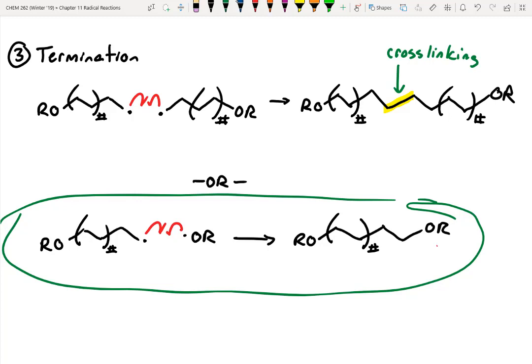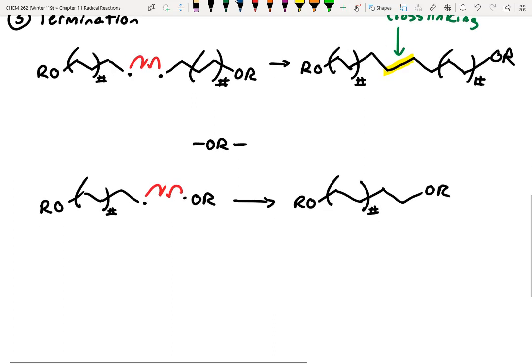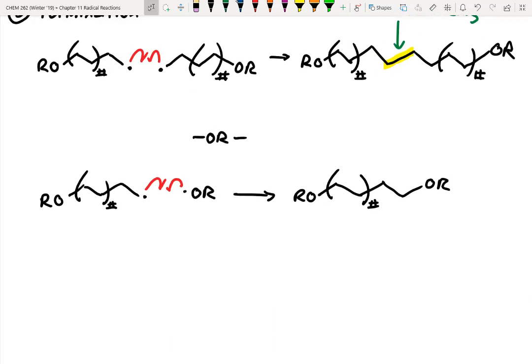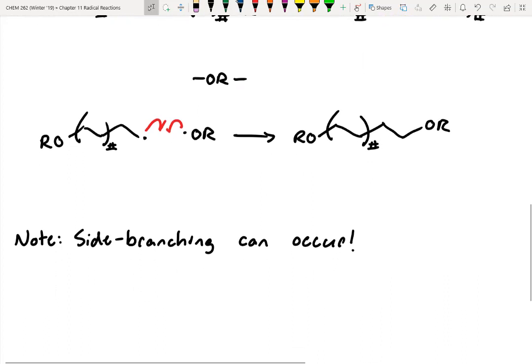I don't really expect you to get into the fine details of all of these possible polymerization reactions. All right. One complicating side reaction is important for these plastics, and this has to do with side branching. And side branching is really important for polyethylene in particular.